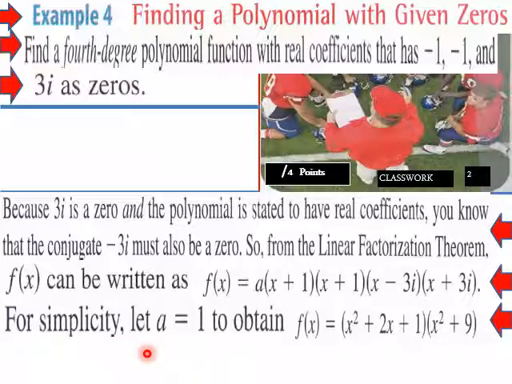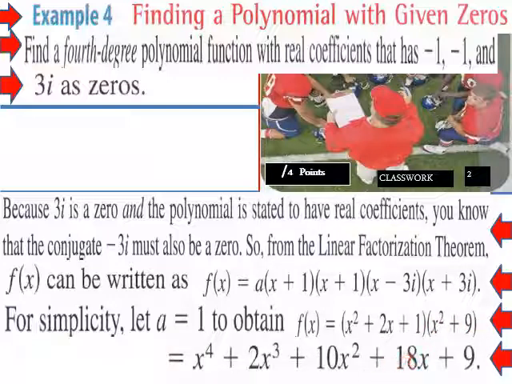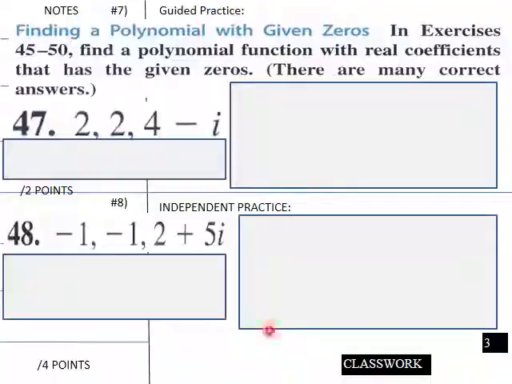For simplicity, let a equal 1 to obtain x squared plus 2x plus 1, and then when you multiply x minus 3i and x plus 3i together, you get x squared plus 9 for your other binomial. So when you multiply these together here, you get x to the 4th power plus 2x cubed plus 10x squared plus 18x plus 9.